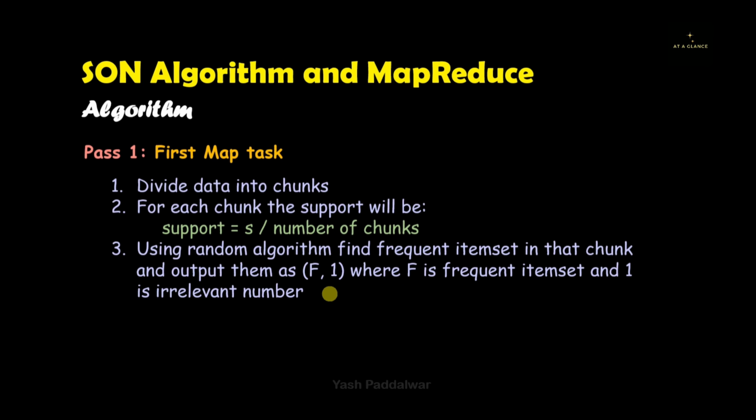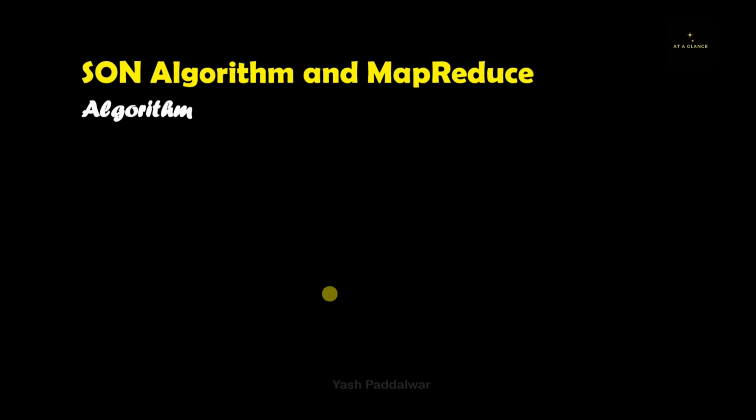Now this map task output will be used as input in the next task, which is the first reduce task, which is again inside pass 1. So now the next part of pass 1 is the first reduce task. Here all the output pairs that we have got from the previous map phase, we'll take as input in the reduce task.